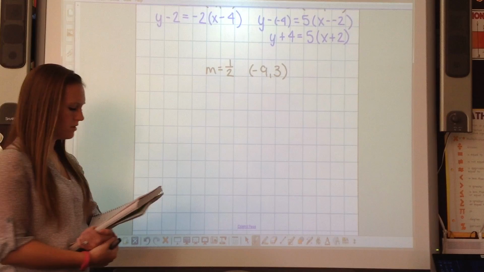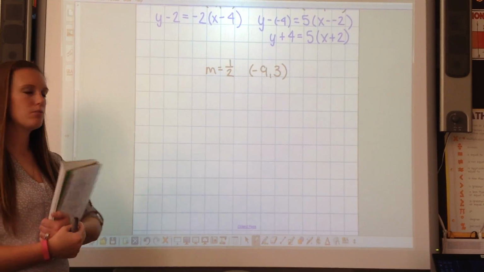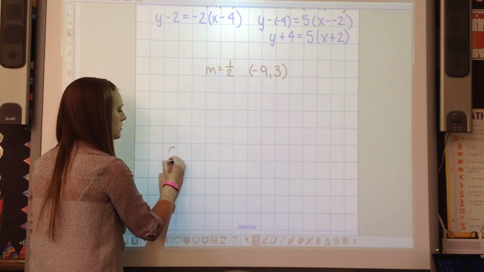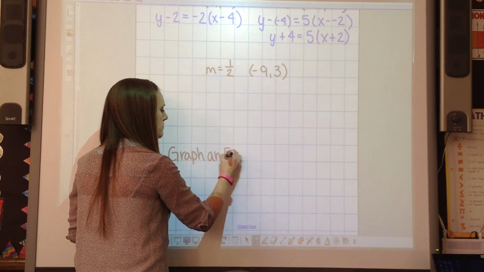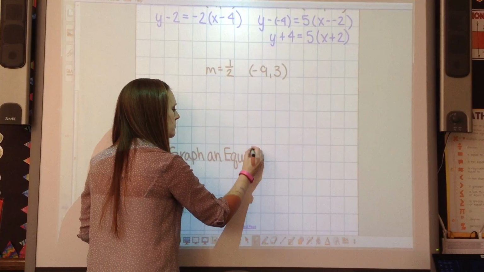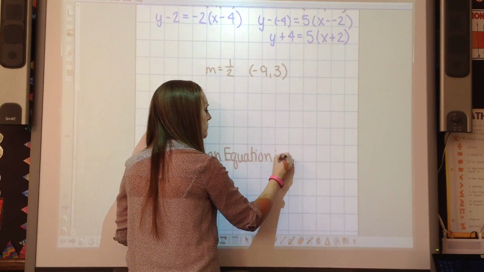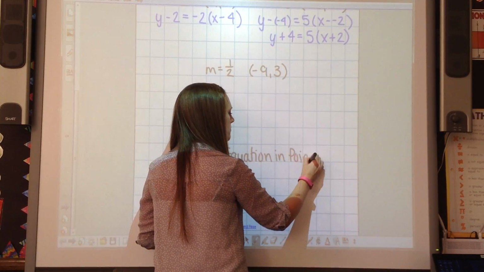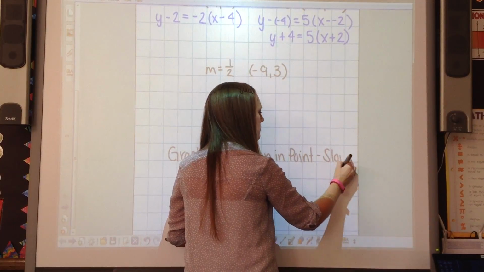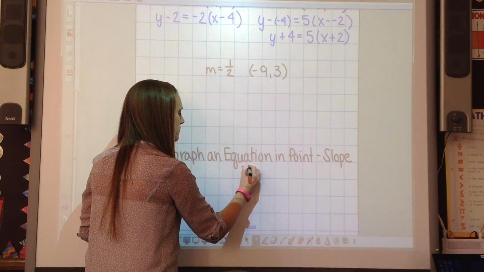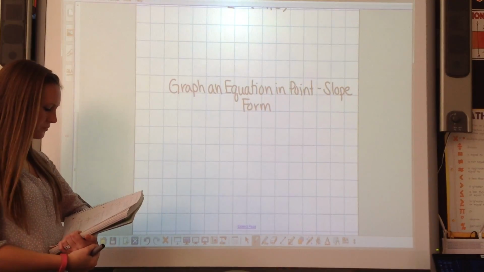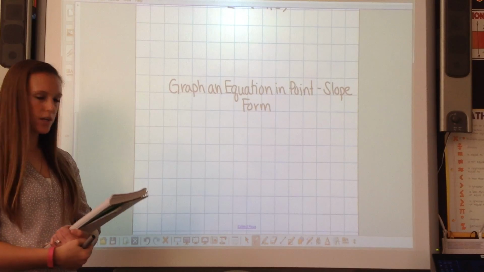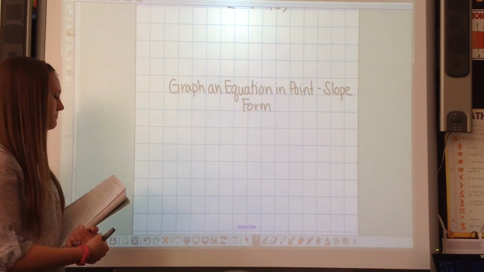Our next title is graph an equation in point-slope form. This time they're going to give you an equation that's already written.